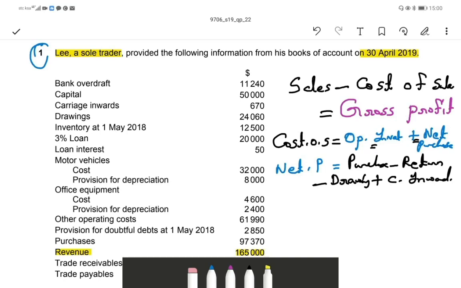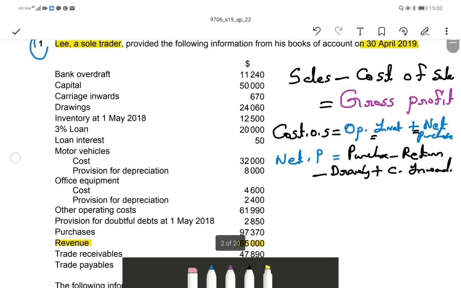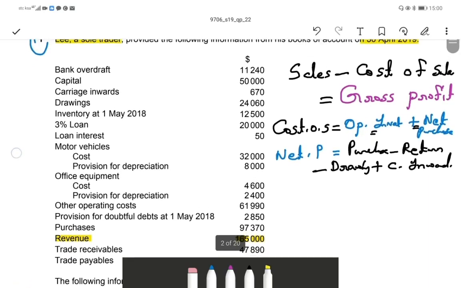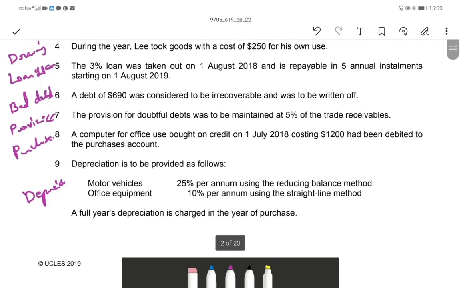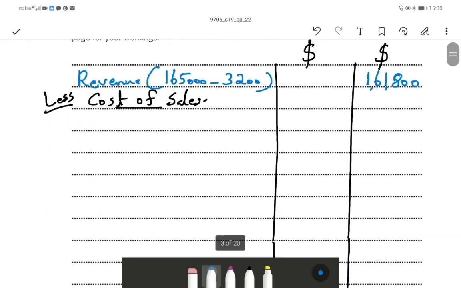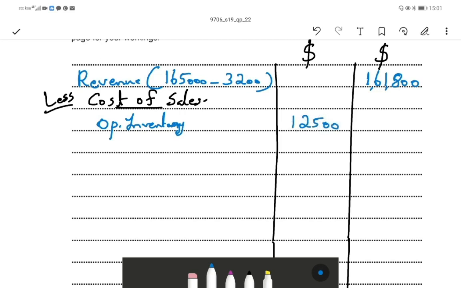It must be given in the question. Here the inventory at 1st May 2018 is 12,500. So first we do the opening inventory, 12,500, and then we have to do the net purchase.